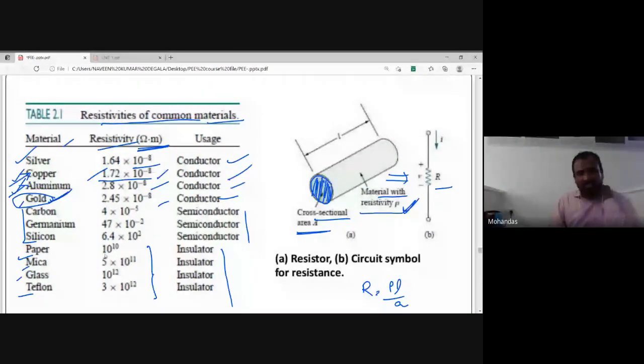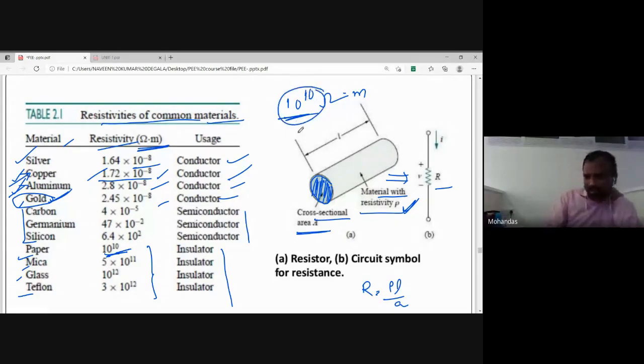This much resistance is there, very, very high resistance. 10 to the power of 10 ohm meter, this much resistance. There is a high amount of opposition, so that current will not flow, so those are known as the insulators. Okay, so this is the symbolic representation of a resistance, and this is a resistor.